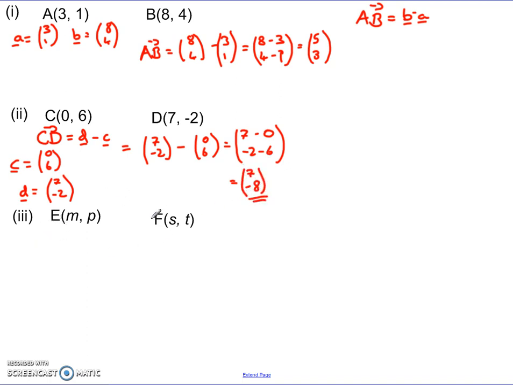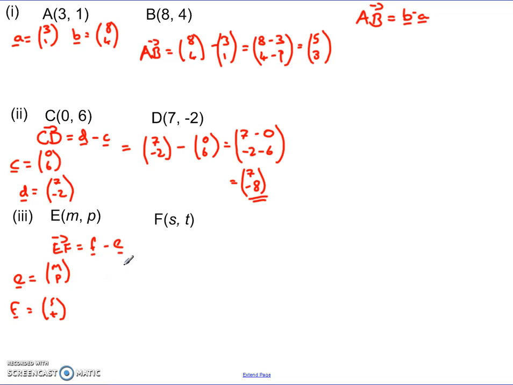Now the last one, E to F, that's the position vector I'm after now, but both of these are given as generic points, so (m, p) for the E and (s, t) for the F. Well, that doesn't change how we approach it. All we're going to get is an algebraic version of an answer rather than a numerical one, which we've got here. So again, we need our two position vectors E and F, because to go from E to F, we have to do F take away E. So the E position vector is given by (m, p), and the F position vector is given by (s, t).